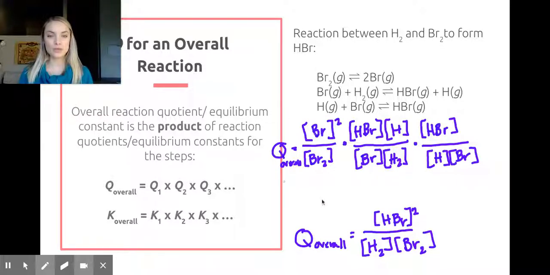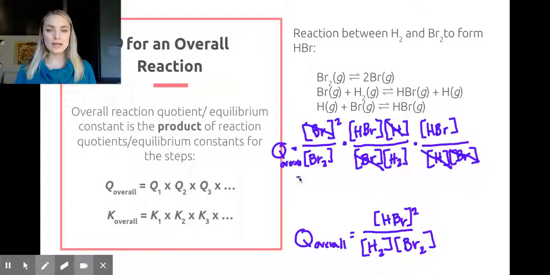So let's go through. Br squared, I see 1 and 2 Br. So if we multiply these two together, that would be like Br squared in the denominator. Therefore, we cancel it out in the numerator. I've got a Br here. I don't see that anywhere else. I've got an H2. Don't see that one anywhere else. I've got H and H that can be canceled out. I think I'm as set as I can be.